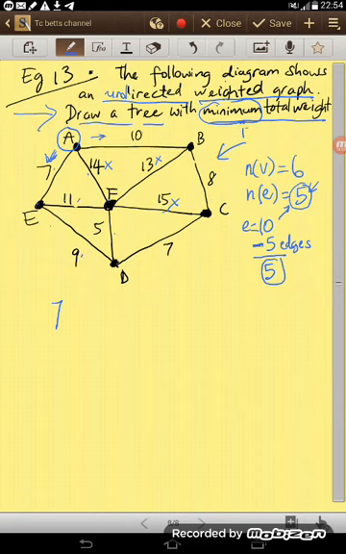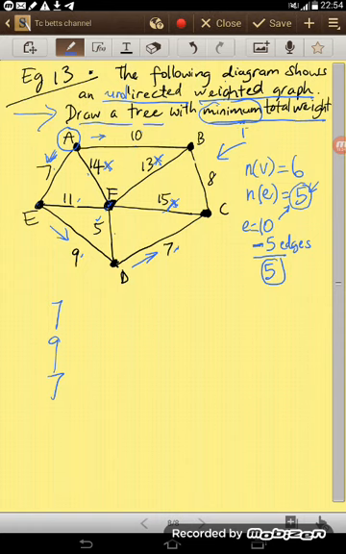So maybe I choose 9, and then after that I can choose 5 or 7. If I choose 5, here is already a dead end, because I don't want this one no more. 14, 13, and 15 you don't want, so you stop here. Cannot.